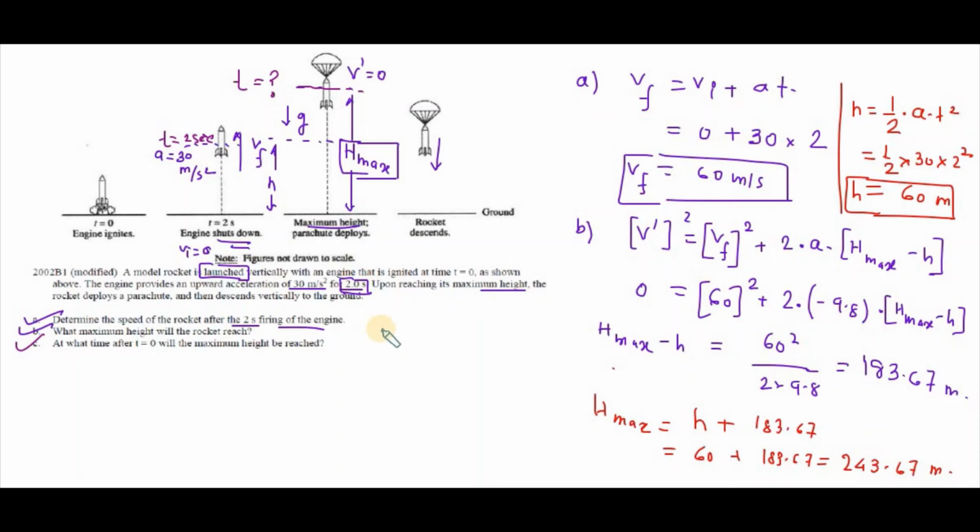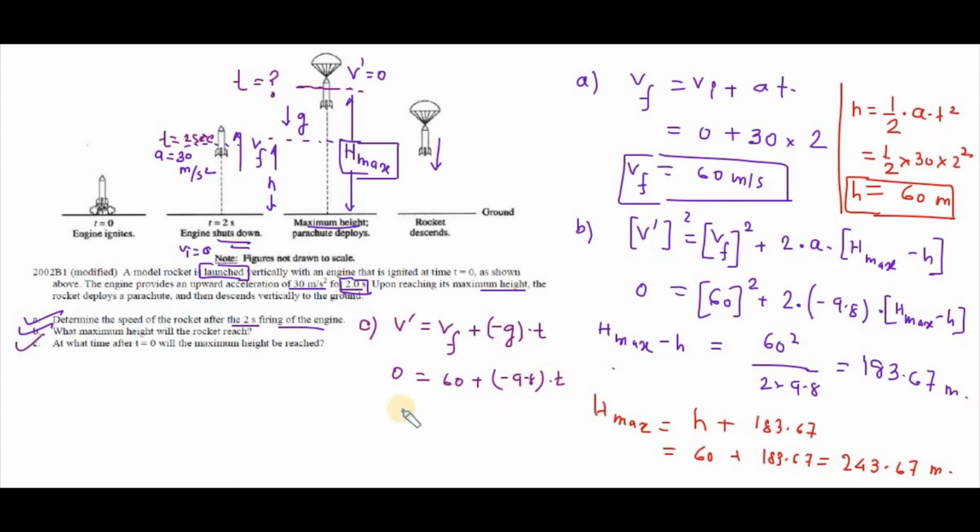And for that we know that the final velocity, that is v prime, is equal to 0, the initial velocity is vf, and the acceleration is negative g into time t. So t equal to final velocity, that would be 0, minus vf equal to 60 meter per second, divided by negative 9.8.